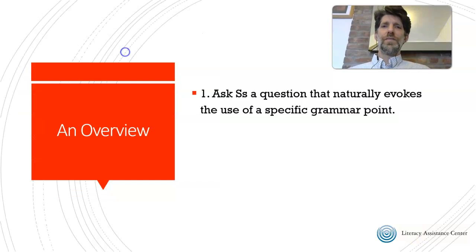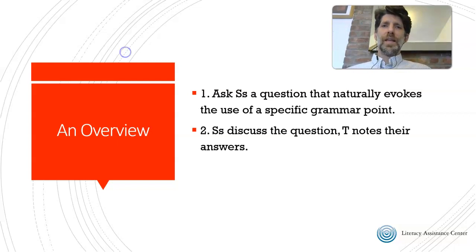So an overview of the steps. First off, I start by asking questions that would naturally evoke the use of a specific grammar point, because I'm not expecting the students to use the form at this point, just to give me meaning that I can add the form into. After they've discussed these questions, providing the information about themselves, then I note their answers.